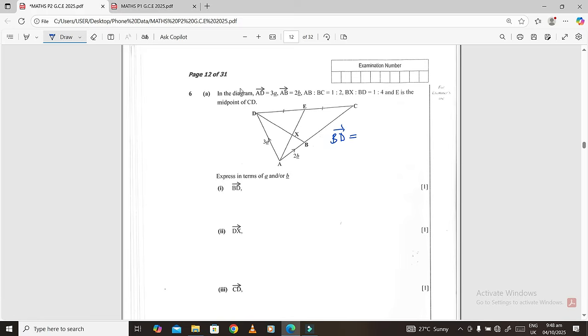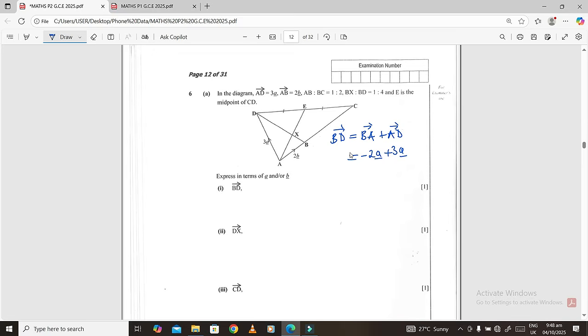So for vector BD here, what we are going to do is say, okay, we are at B, we want to go to D. Which other route? It will be B, A, D. So that's BA plus AD. So this is giving us a negative 2A plus 3A.